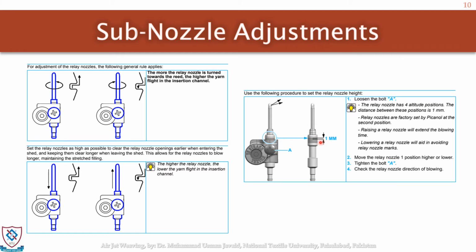Here again it is telling that one rotation of the thread is equal to 1 millimeter. After one rotation, it would be extended by 1 millimeter. So it can be adjusted as per our requirement, and the optimum position can be used for better results.